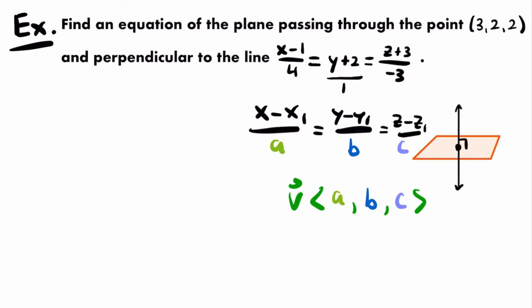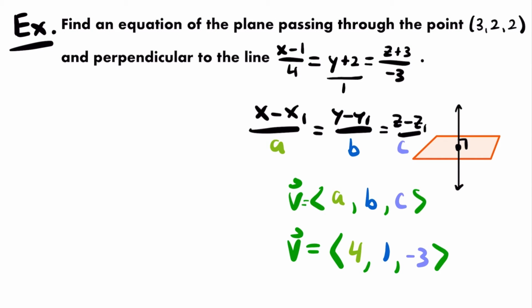Anything divided by 1 is itself. So we'd have 1, and then negative 3. A is 4, B is 1, C is negative 3. So our direction vector for the line, vector v, is equal to, and I should have equal signs there as well. Anyway, our vector will have components of 4, 1, and negative 3. This is the vector that would be parallel to this line.